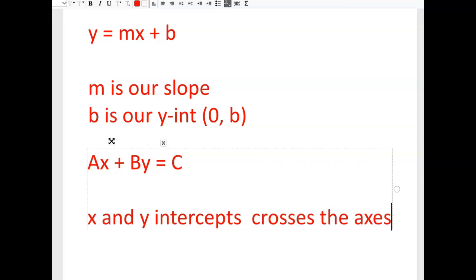And we can use those 2 points to find our slope. So again, we have 2 goals in mind. We are looking for y equals mx plus b, or we are looking for ax plus by equals c.